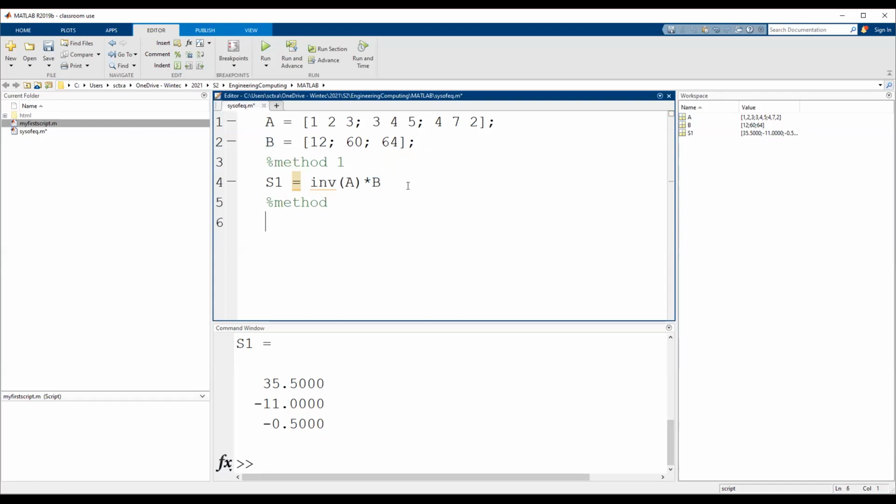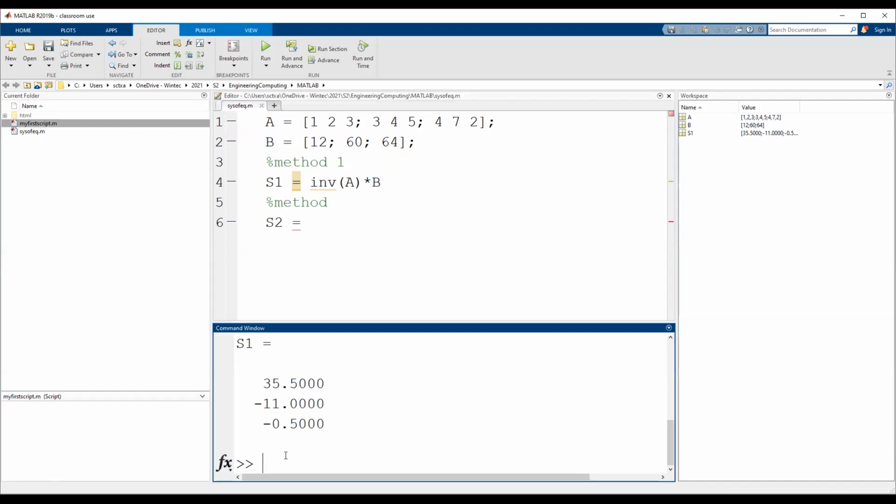Now my method 2. I can directly use this command. So look at this line, solve.